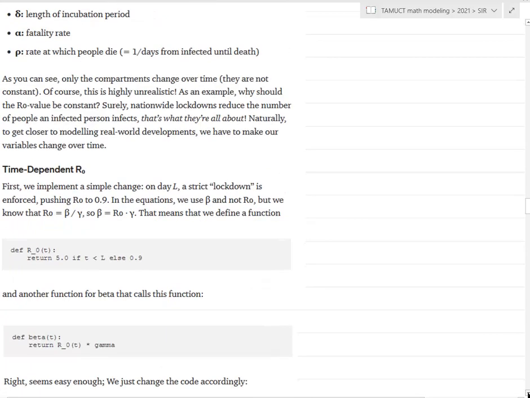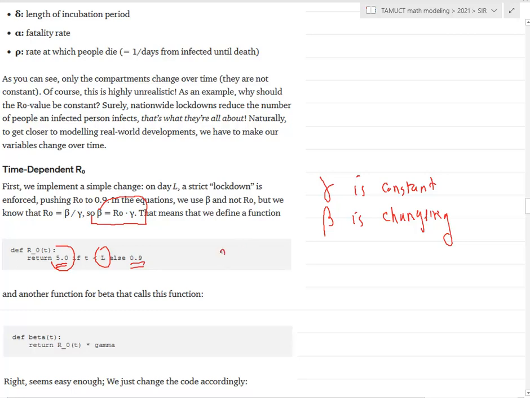So in fact, what he's doing is he's defining beta as R naught times gamma. So here he has gamma is a constant and beta is changing. Okay. So what is beta? According to this here, he has a large value of R naught before L and then a small value. Okay. So here we have a sudden change in R naught.